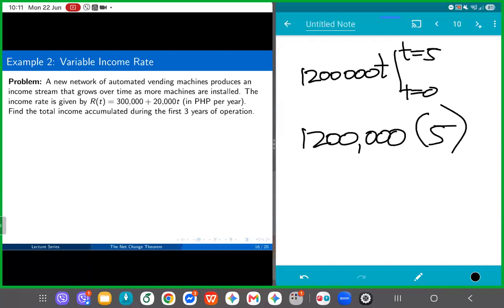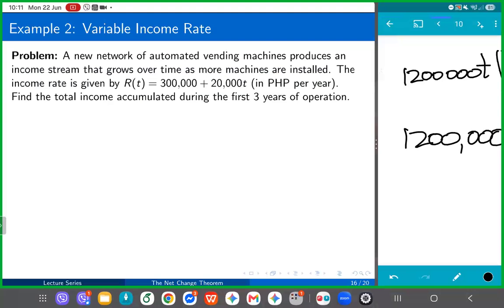Let's have the second one. A new network of automated vending machines produces an income stream that grows over time as more machines are installed. The income rate is capital R of T equals 300,000 plus 20,000 T, PHP per year, pesos per year.